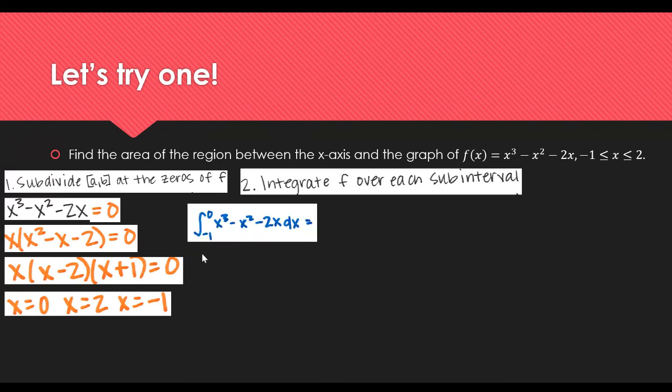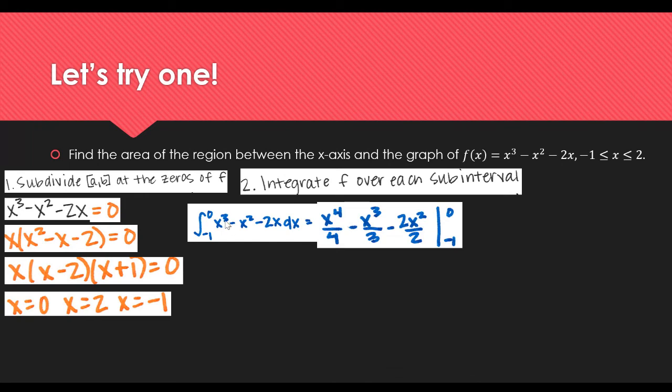So my first subinterval is -1 to 0. I'm going to integrate x cubed minus x squared minus 2x. So x cubed is going to be x to the 4th over 4, or 1/4 x to the 4th, however you want to think of that, minus x to the 3rd over 3, minus 2x squared over 2. Those 2's are obviously going to cancel, but I wanted to make sure you knew what was going on.